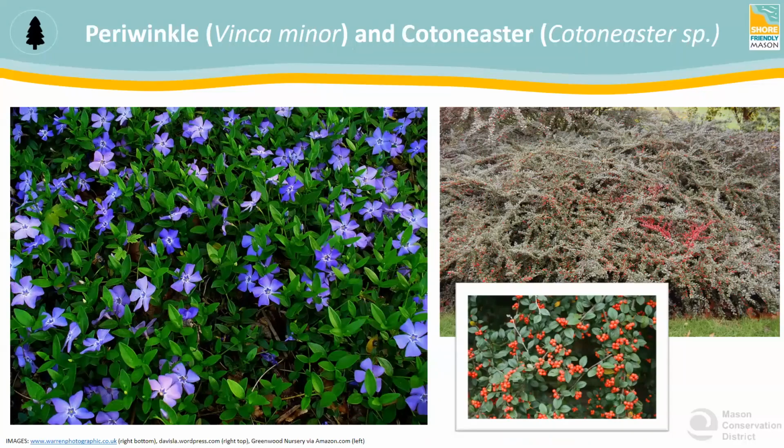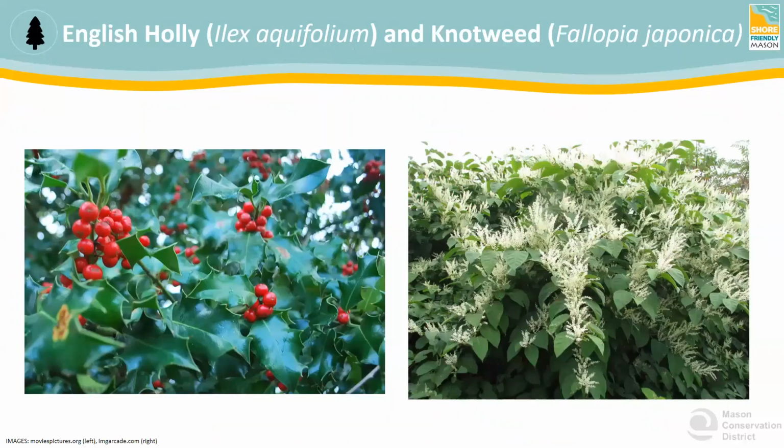Periwinkle and cotoneaster are common landscape plants that also kind of cause habitat deserts. And in particular, the cotoneaster can spread with seeds from birds, and so it's best to remove that as well. English holly, the berries, and birds carry the berries away.